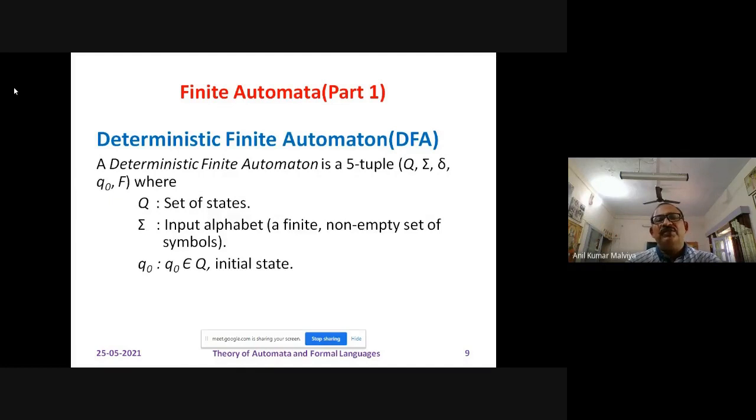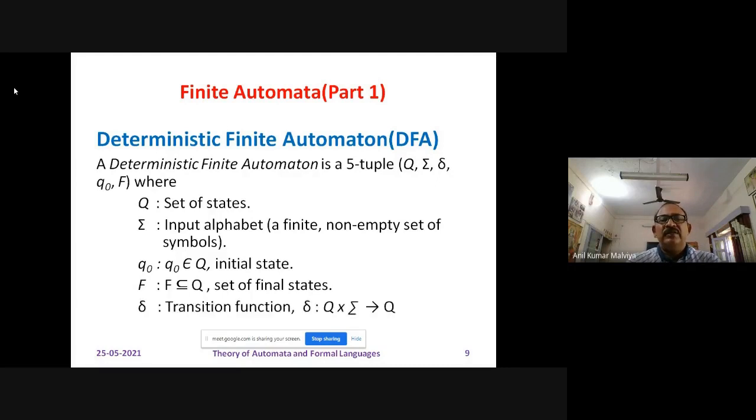Q0 is an element of Q, the initial state. F is a subset of Q, the set of final states. Delta is a transition function that maps from Q cross sigma to Q. Okay, it is a function.